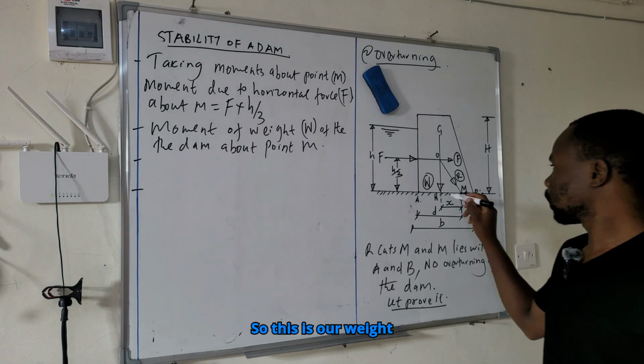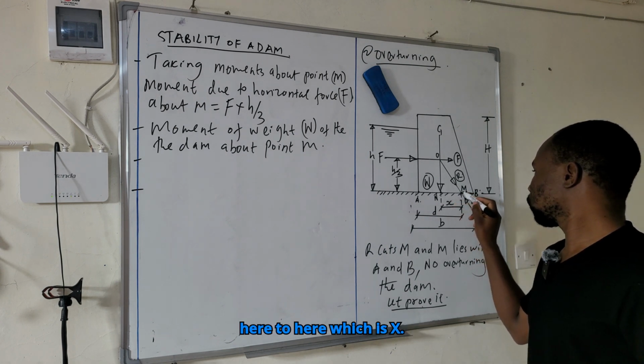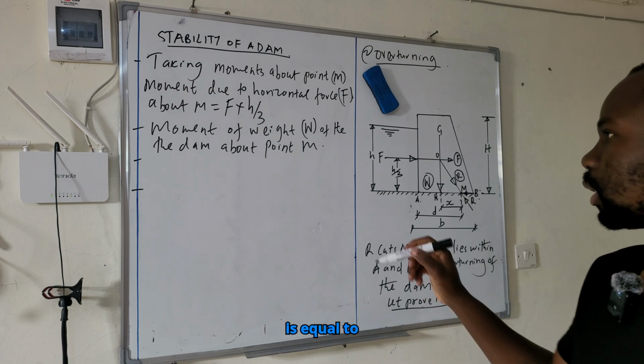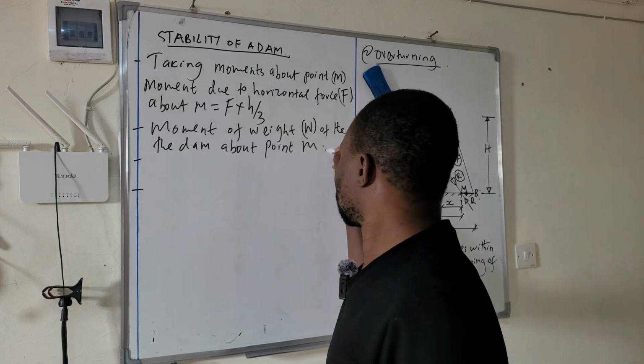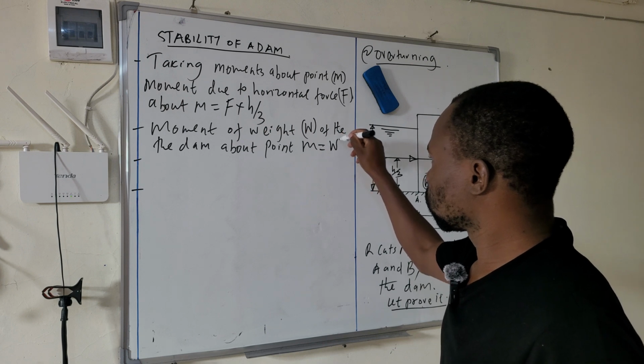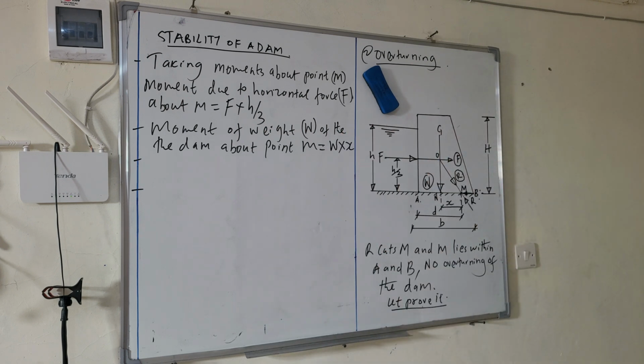So this is our weight, and our perpendicular distance is from here to here, which is x. So this moment is equal to W times x, like that.